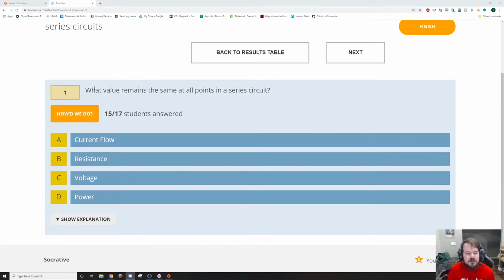What value remains the same at all points in a series circuit? That would be current flow. So in a series circuit, current flows in one direction from one point to another, and it can't go anywhere else.